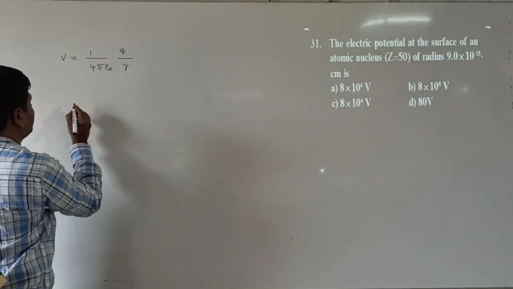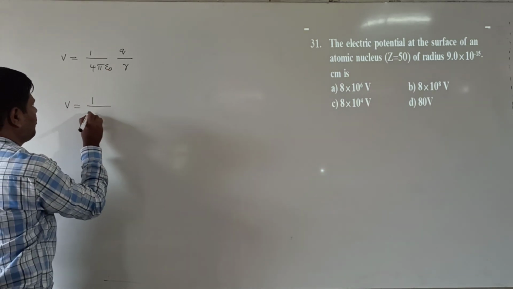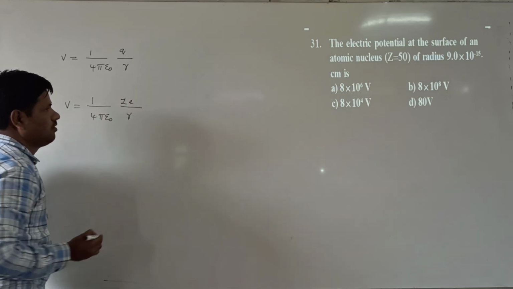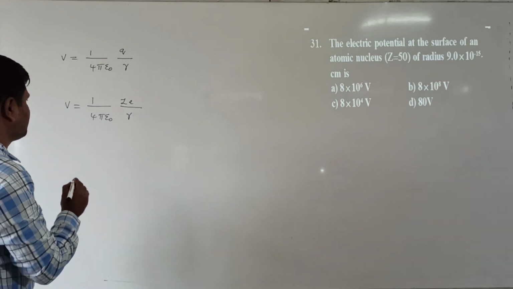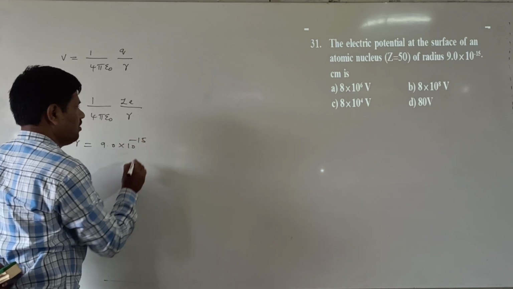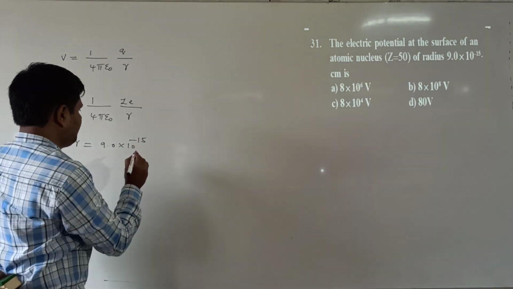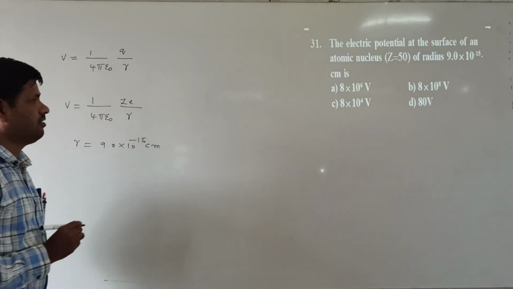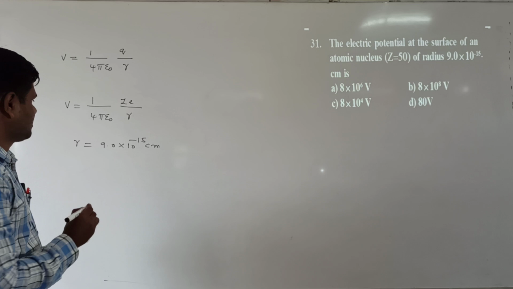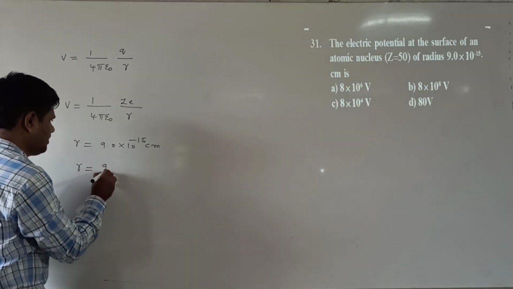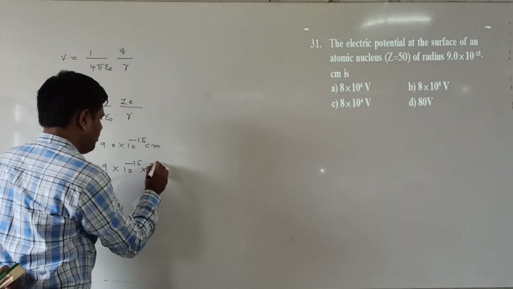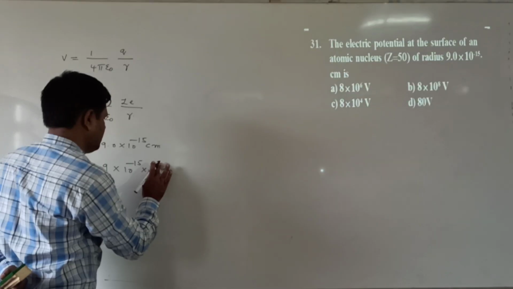Here Q is equal to ZE, so we are writing 1 by 4 pi epsilon naught ZE by R. Now R, the radius, is given in the problem. R is equal to 9.0 into 10 power of minus 15 centimeters, which means 9 into 10 power of minus 15 into 10 power of minus 2 meters.